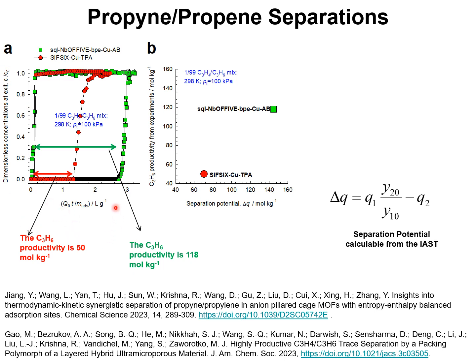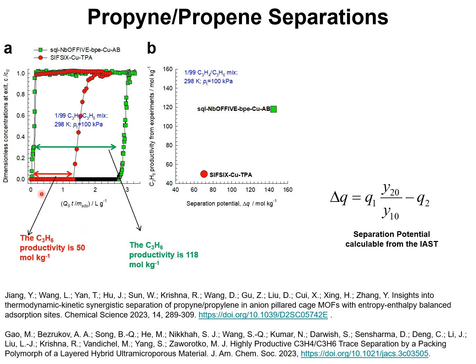use a modified time parameter as described earlier, and this modified time parameter is the flow rate of the gas mixture at the inlet, Q0, times the time in say seconds divided by the mass of adsorbent, and in this case the units of the x-axis used is liters per gram.